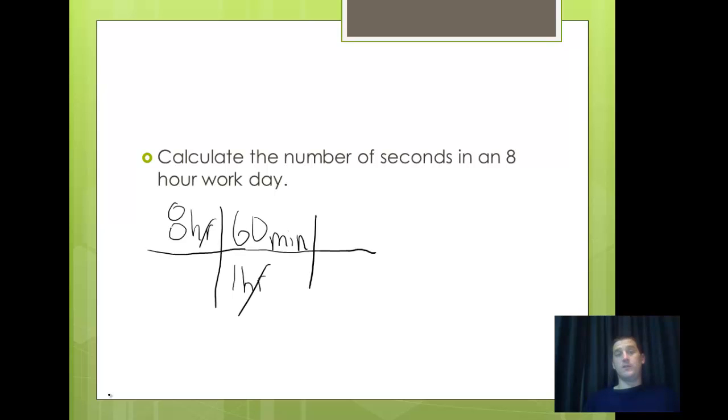So now we know another conversion where we can get this minute down to a second, where we're looking for. So we know that for every 1 minute, we have 60 seconds. So we can cancel out just the units, okay? So you simply multiply. You do 60 times 60 times 8.